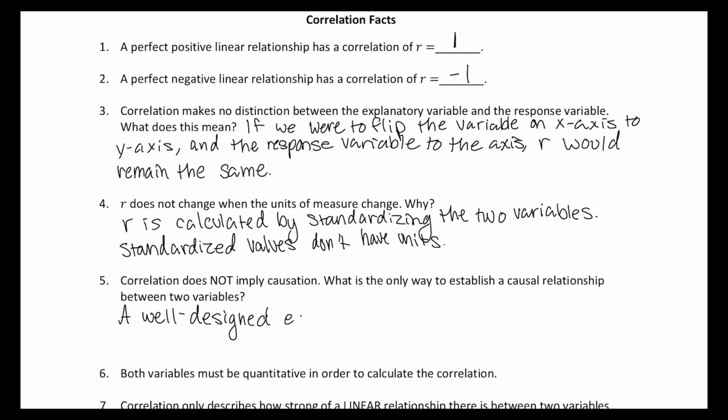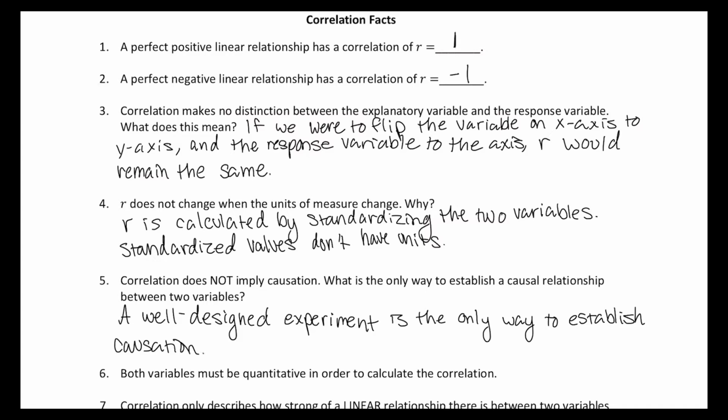That experiment is the only way to establish causation. Correlation only shows an association, meaning that somehow they're related, but not necessarily that one thing is causing the other.